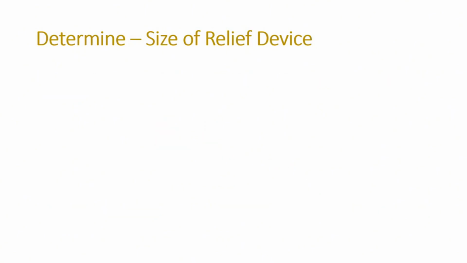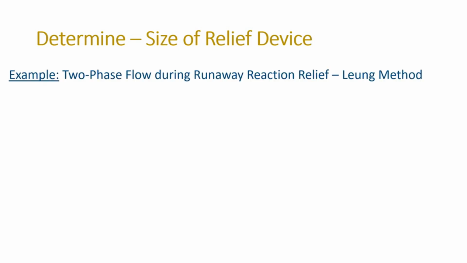We're now going to pretty quickly look at some example equations that can be used for the sizing of relief devices. The specific example application that we'll look at is two-phase flow during runaway reaction relief using the Leung method. Before we look at what those equations can look like, we need to understand the assumptions that are used in the development of these equations.